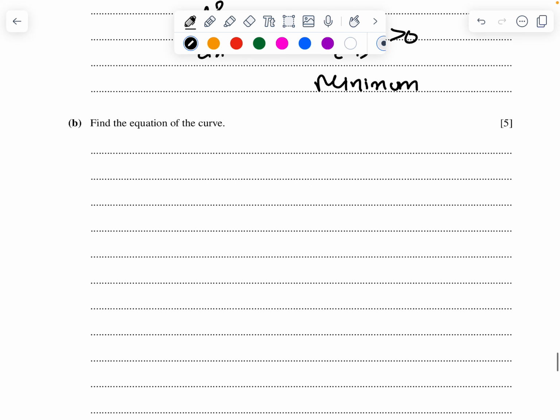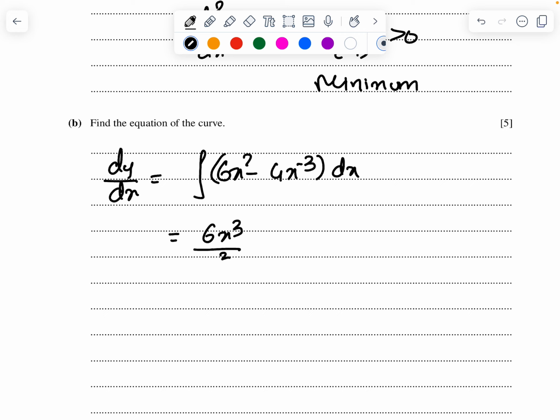Find the equation of the curve. So first, integrate to get dy/dx. So it becomes 6x³/3 − 4x^(−2)/(−2) + c. So dy/dx equals 2x³ + 2/x² + c.